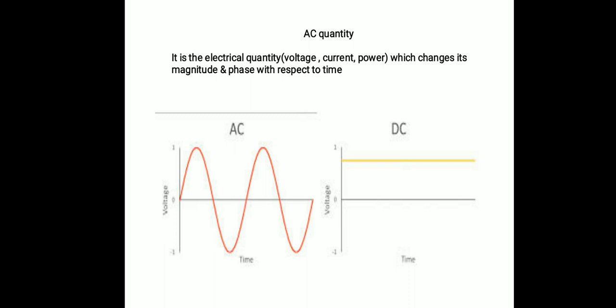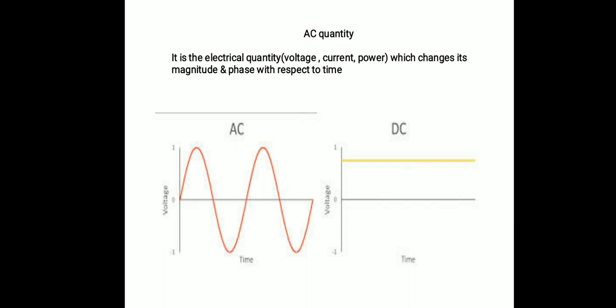As time changes, magnitude also changes. Its polarity also changes. For some time its polarity is positive, after some time it becomes negative, after some time it becomes positive again, then negative again.